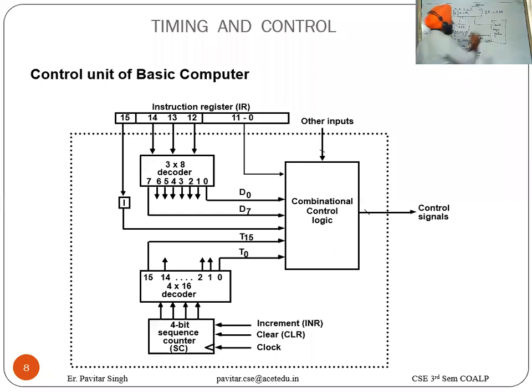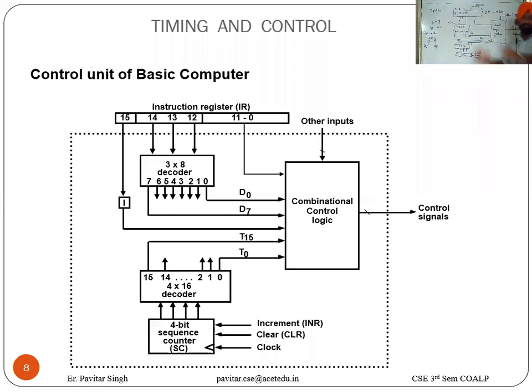So after that, you will get some other inputs, and after this you will get the control signals, right? So the diagram which is drawn on the whiteboard represents the hardwired control unit. Why is it called a hardwired control unit?